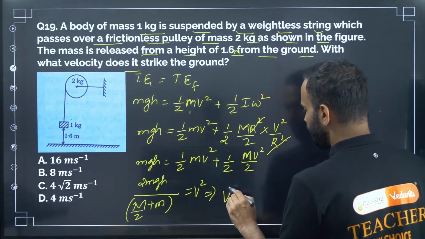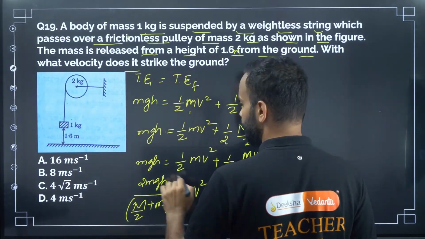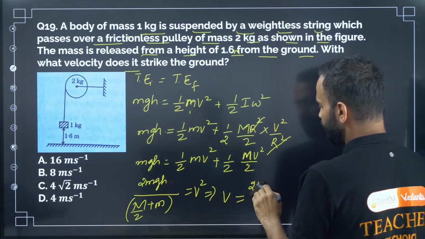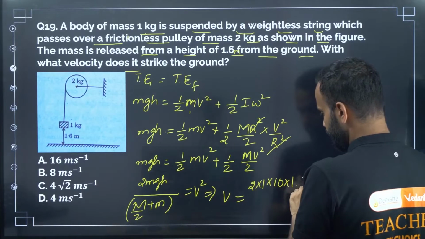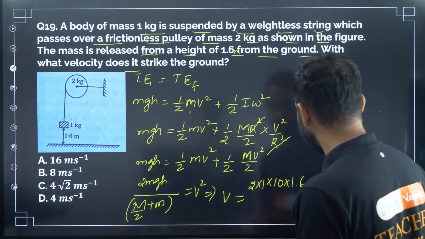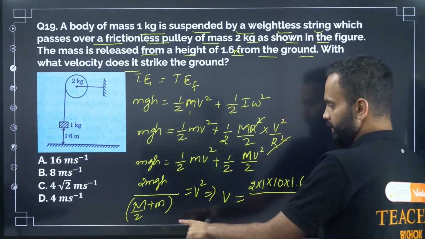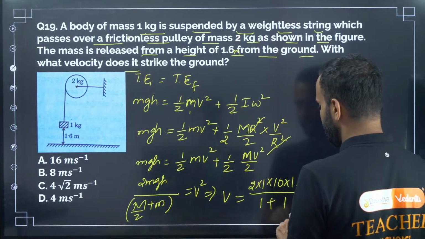So v equal to 2 into small m is 1 kg into 10 into h is 1.6, divided by M by 2, that is 2 by 2, which is 1, 1 plus 1, that is 2.